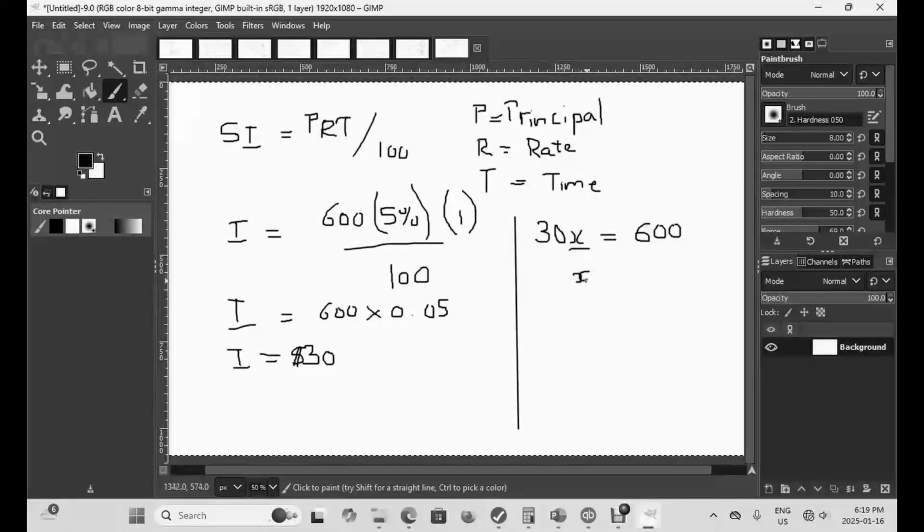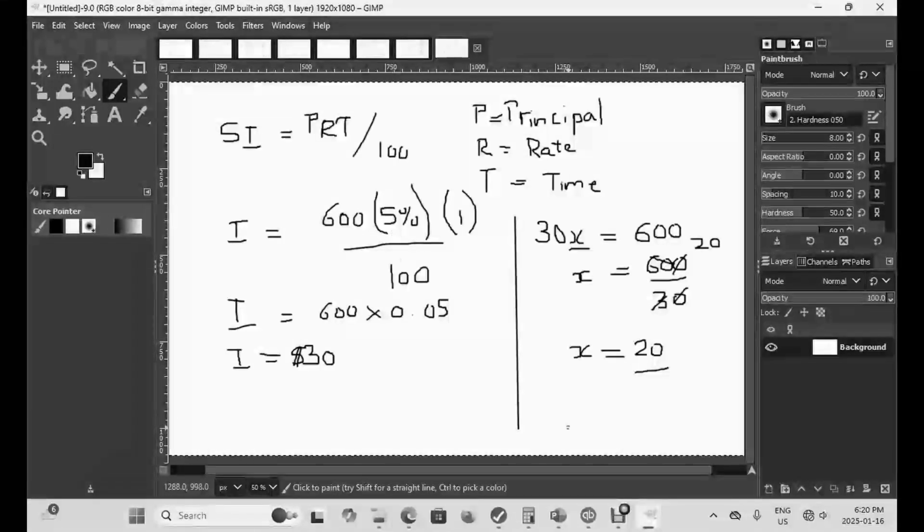To solve for x, we isolate x, bring 30 to the other side, and this will be 20 years. So in 20 years, you should be able to double what you deposit in your bank at 5% interest rate, if this is simple interest.